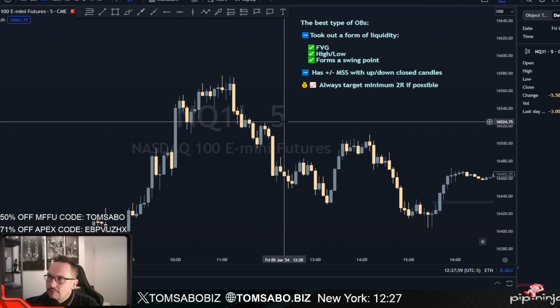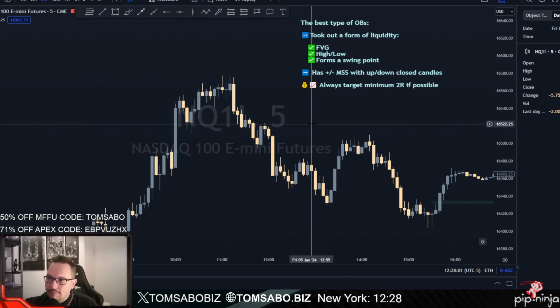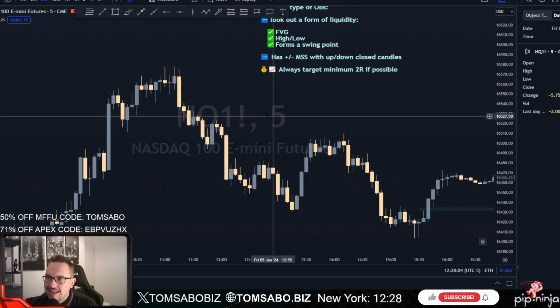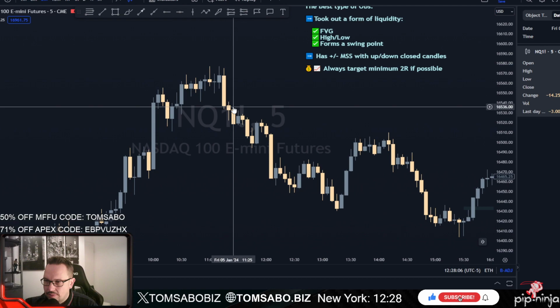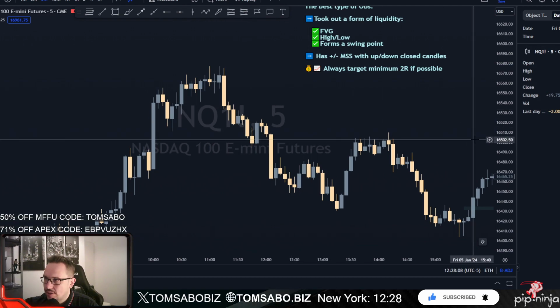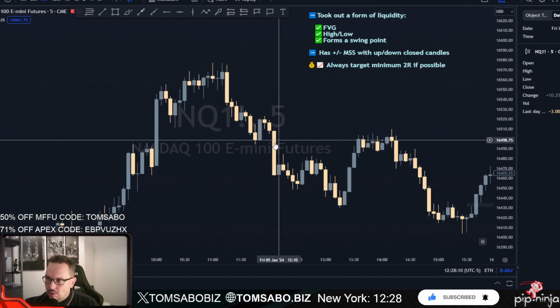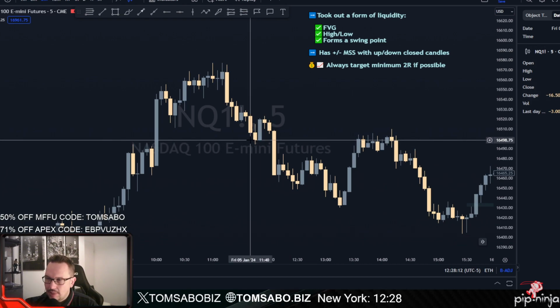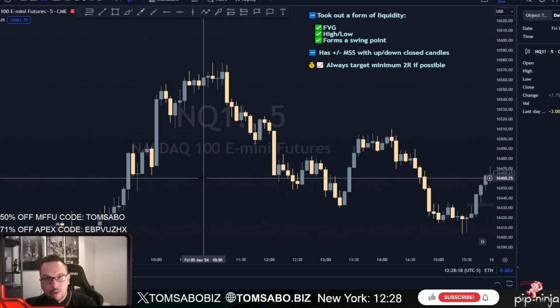So, form of liquidity, fair value gap, for example. Let me zoom this out. This is Nasdaq, January 5. So, for example, and I don't want to disrespect anyone's theory who has a little bit different approach to order blocks. This is my approach, and the entry model is also a little bit different, but you guys will see.